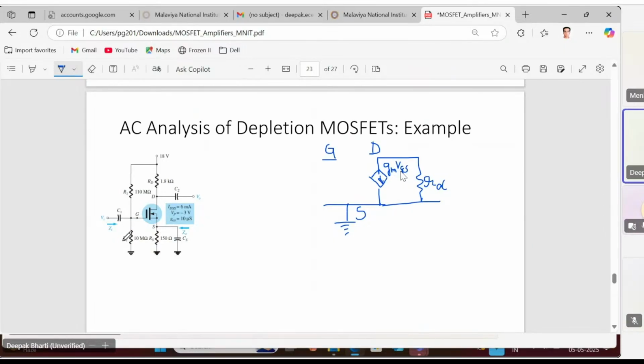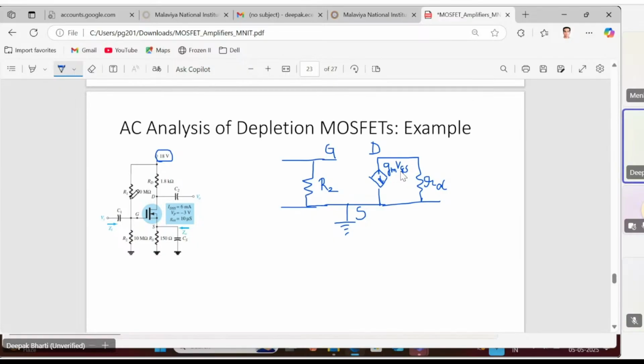So R2 is connected on the input side, between gate and the ground. It is R2, right? And R1, where is R1 connected? R1 is connected between gate and the 18 volt. But due to the rules of the AC analysis, this 18 volt should be put to ground.